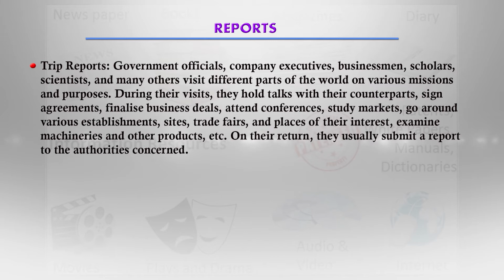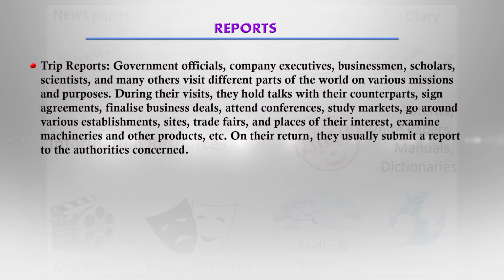During these visits, they hold talks with their counterparts, sign various agreements, finalize business deals, attend conferences, study markets, go around various establishments, sites, trade fairs and places of their interest, and they also examine machineries and other products and services.